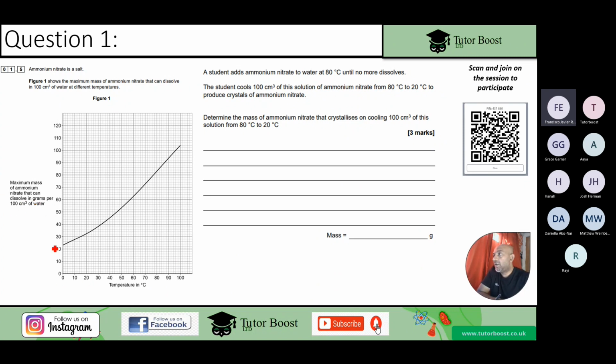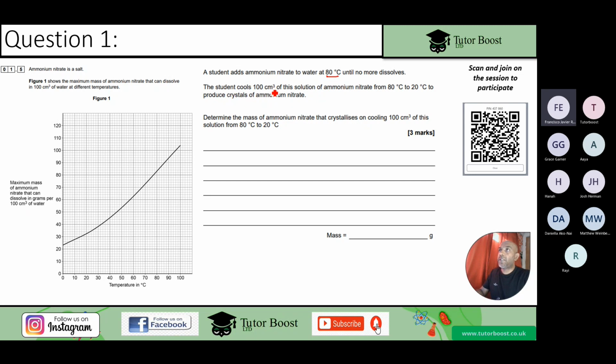And as you can see at 0, it starts somewhere about 20 and it increases all the way up to about 104 grams. Right. The student adds ammonium nitrate to water at 80 degrees Celsius until no more dissolves.